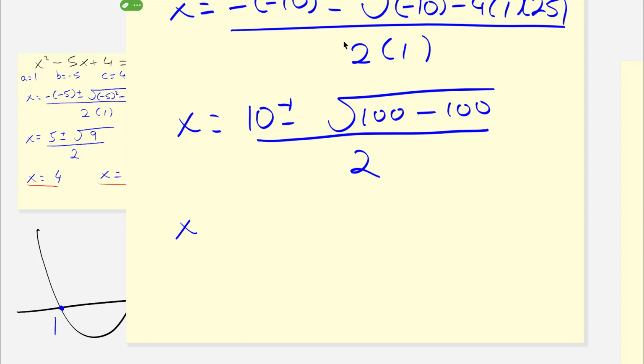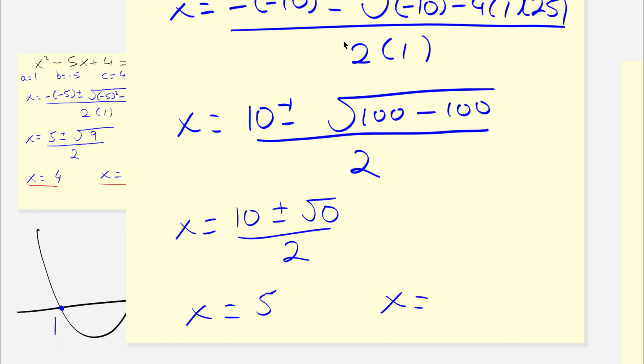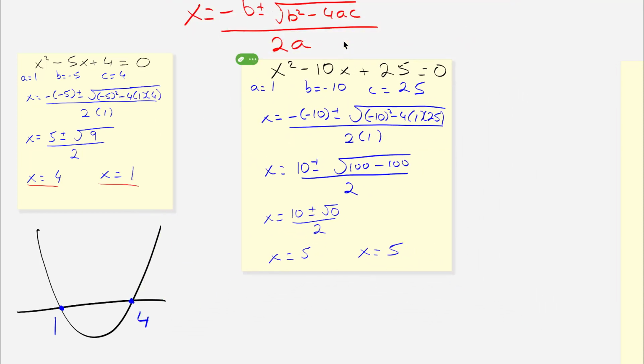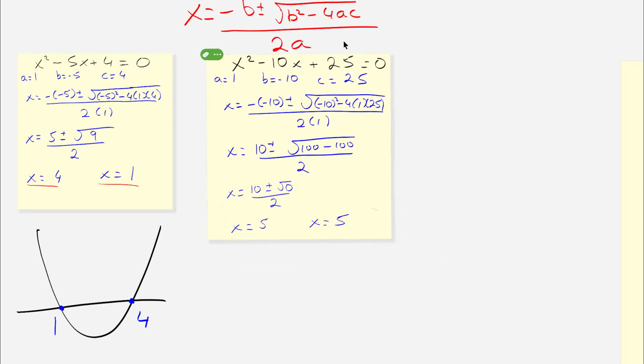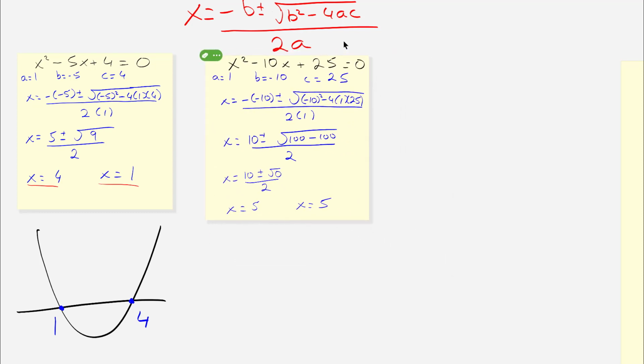We've got x is equal to 10 plus or minus the square root of 0, all over 2. So 10 plus 0 is 10, divided by 2 is 5. The plus option is 5. And also 10 minus 0 is 10, divided by 2 is 5. So in this particular case, I got the same answer twice. So I got what we call a repeated root.